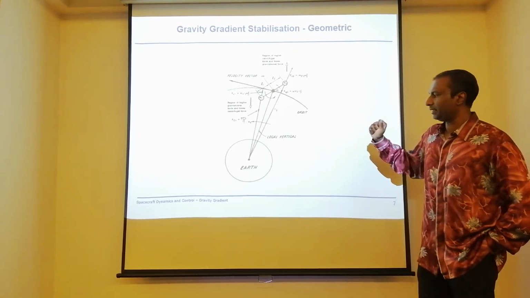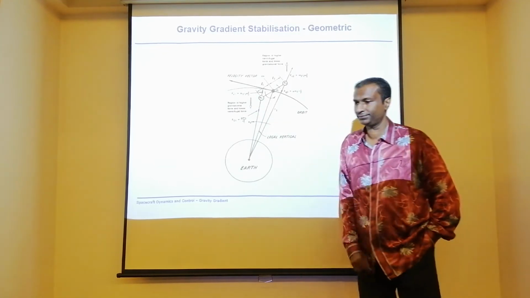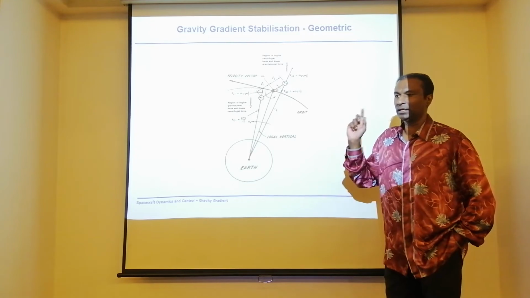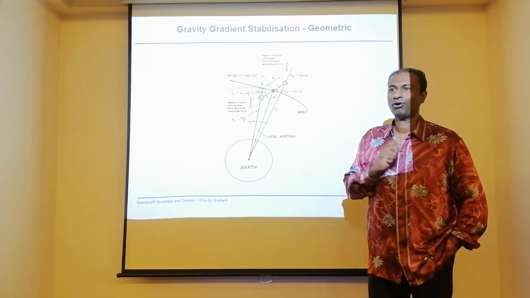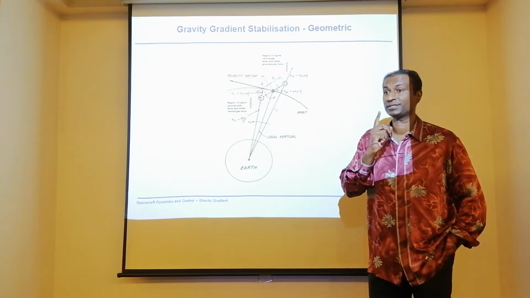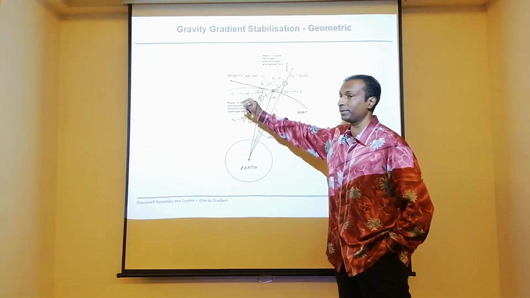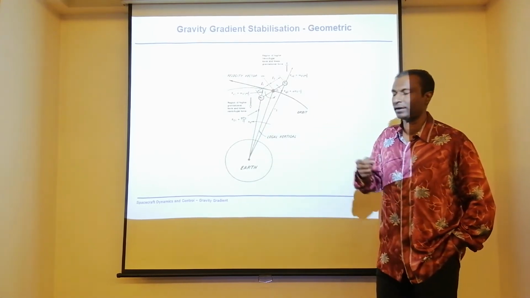We know another important item is the centrifugal force. When you are orbiting, you have centrifugal force, right? The faster you orbit, the higher your centrifugal force, because omega is higher and it goes into omega square.